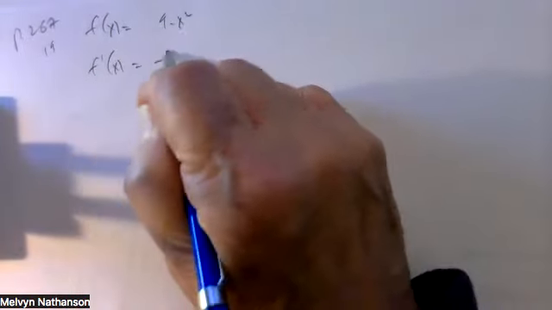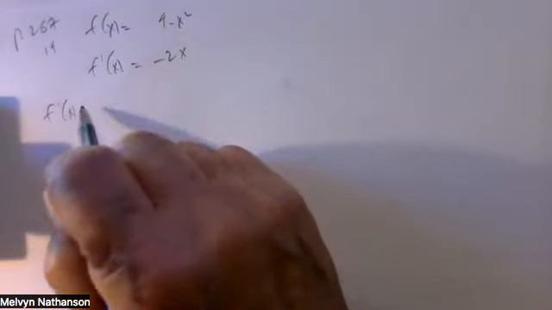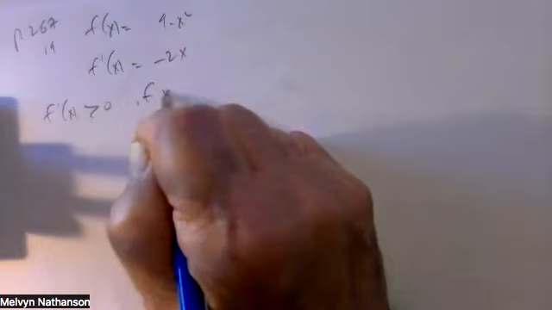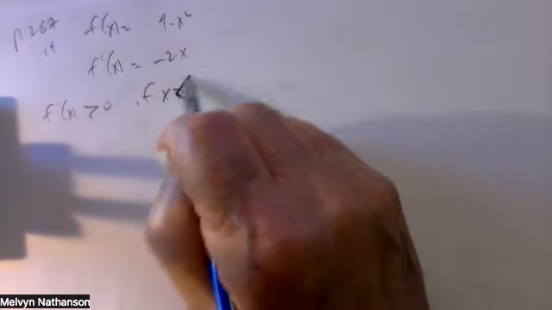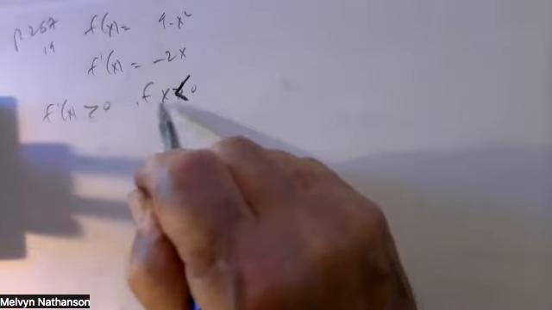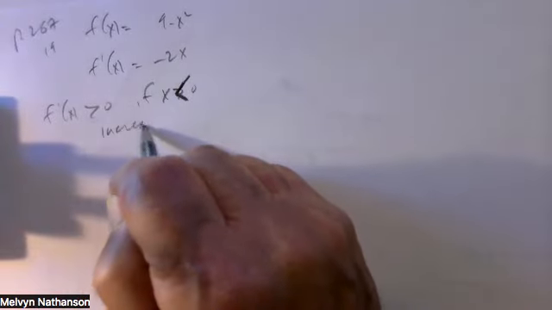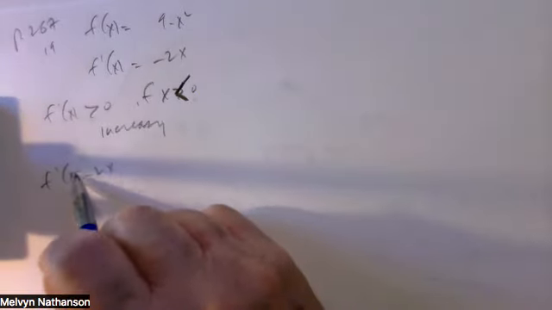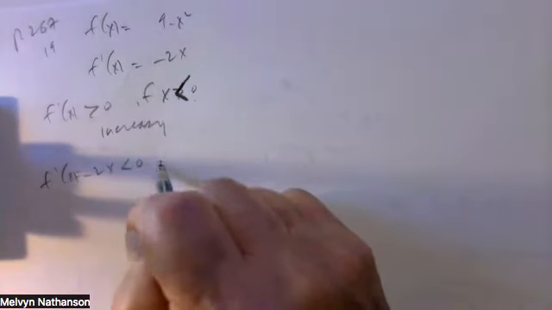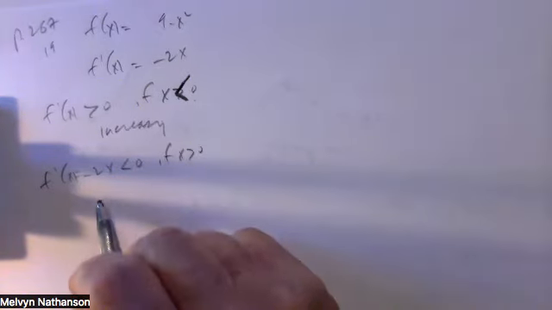So the first derivative f prime of x is minus 2x. F prime of x is greater than 0 if x is less than 0, so the function is increasing when x is less than 0. The derivative minus 2x is negative if x is positive, so it's decreasing there.